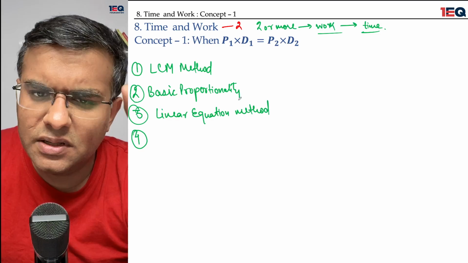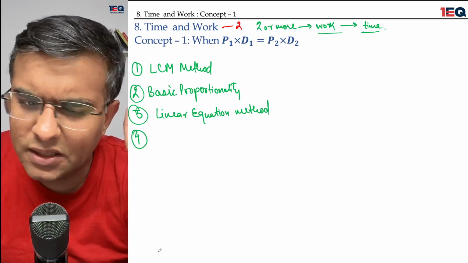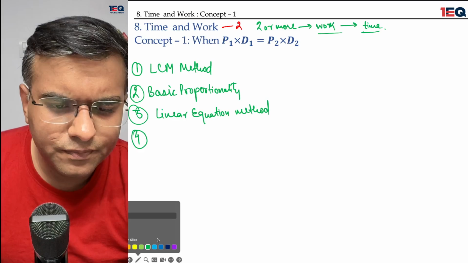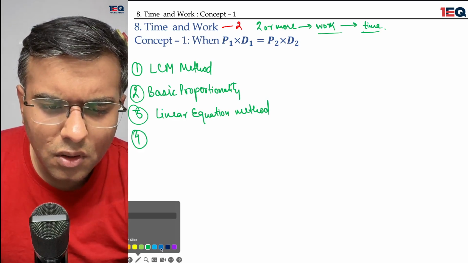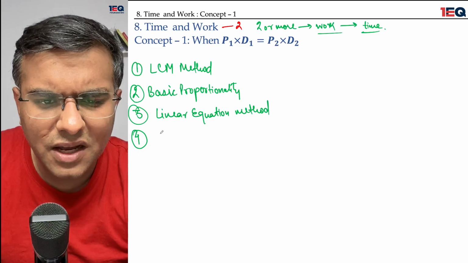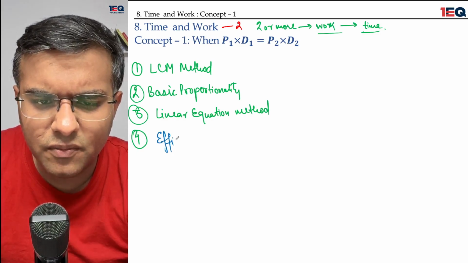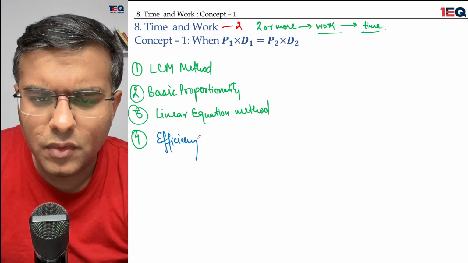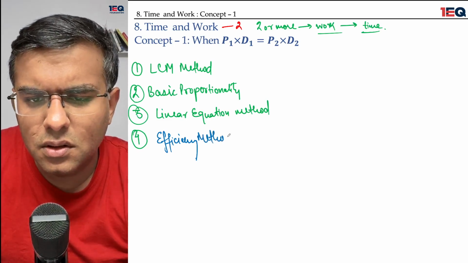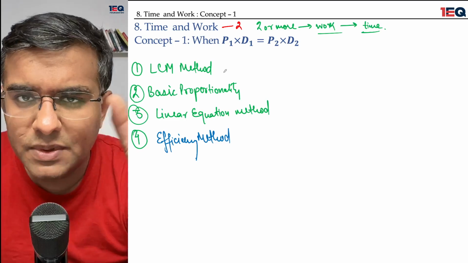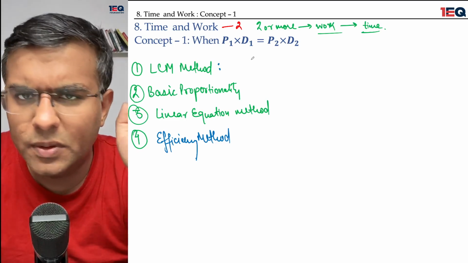This is the LCM method, the basic proportionality method, and the linear equation method. Actually, I think I should rather call it the efficiency method. Okay. So, what happens in the LCM method is that two or more people are working.